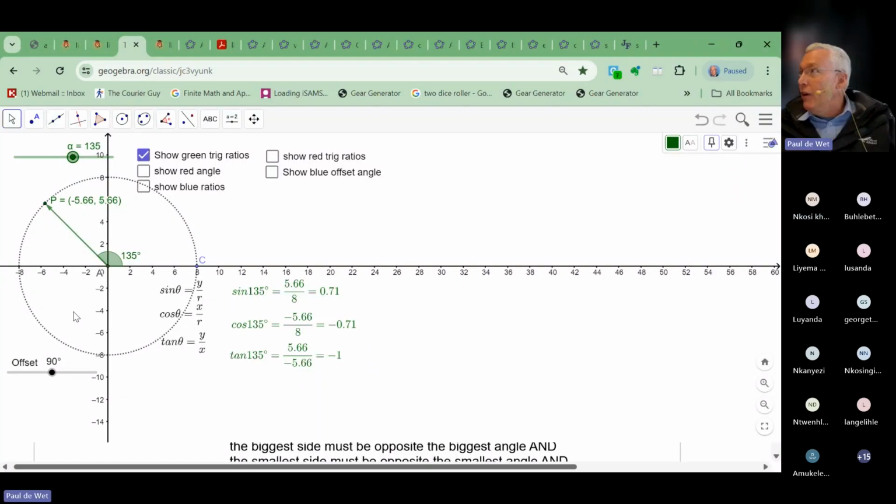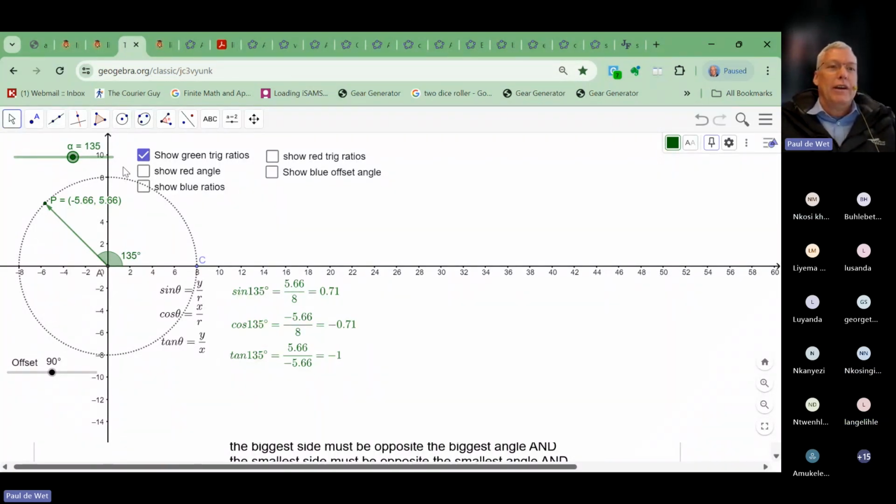Will sine be positive? Will cos be positive? Will tan be positive? Tan, yes. Tan will be positive.